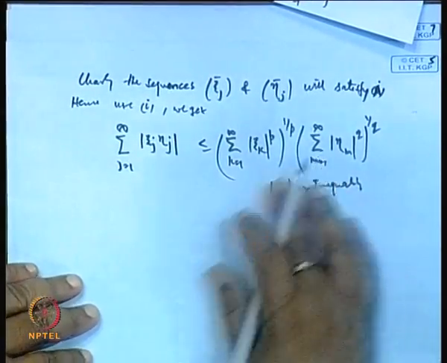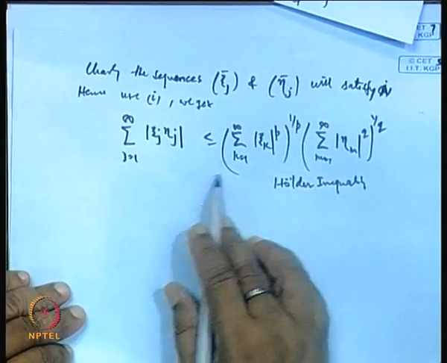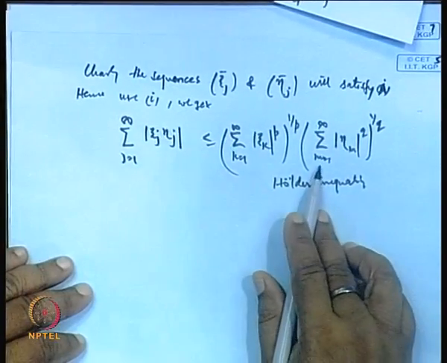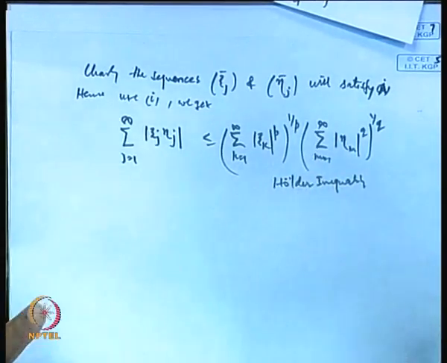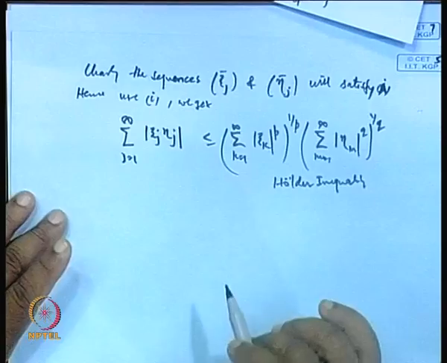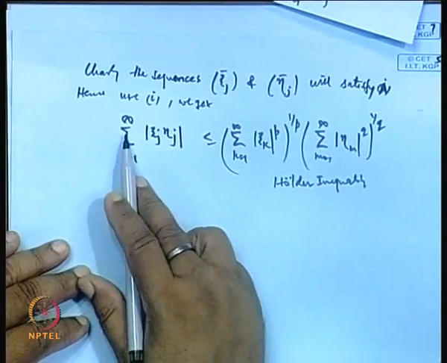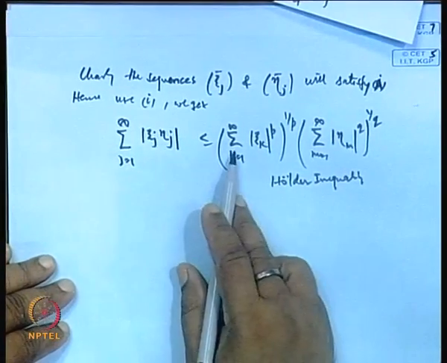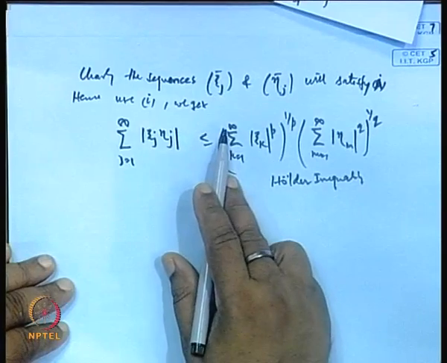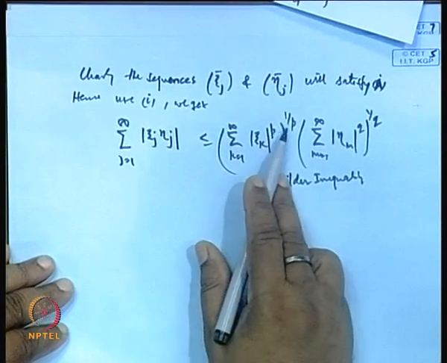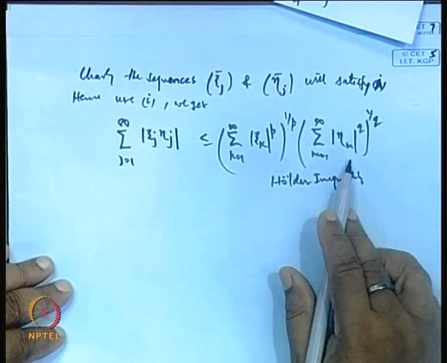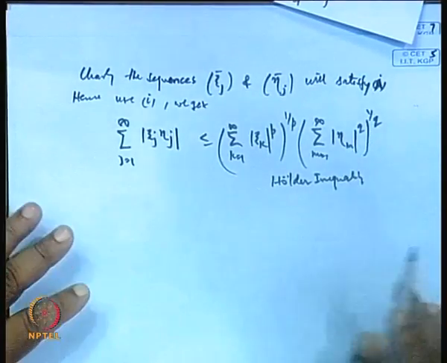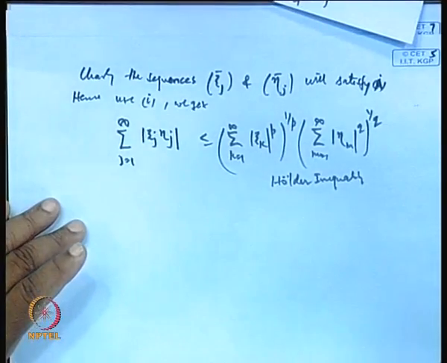So, it hardly matters whether we take j equal to 1 to infinity or k is 1 to infinity or m is 1 to infinity, clear. So, someone may also write sigma j equal to 1 to infinity mod xi_j eta_j is less than or equal to sigma j equal to 1 to infinity of mod xi_j to the power p, whole to the power 1 by p, into sigma j equal to 1 to infinity mod eta_j to the power q, whole to the power 1 by q. Okay. So, that is one.